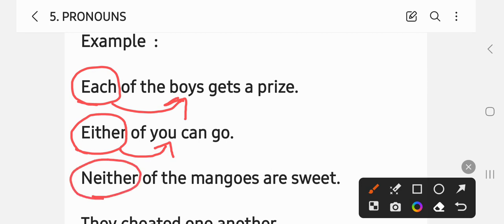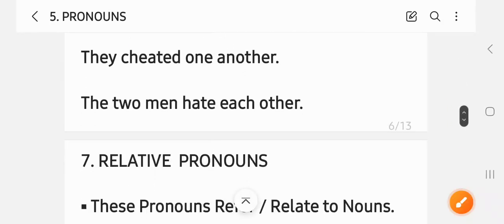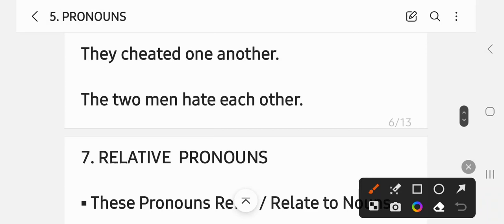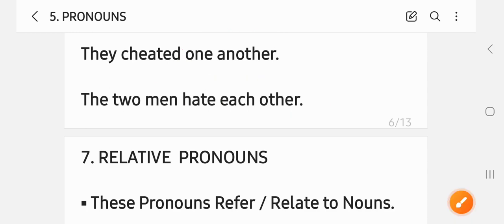Again neither, distributive pronoun used for mangoes. They cheated one another. One another, distributive pronoun used for they. The two men hate each other. Again each other, distributive pronoun used for two men.